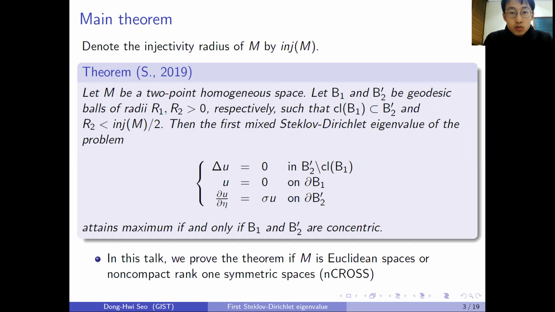We consider domains bounded by two balls of given radii and with some condition on the radius of the outer ball here, and consider a Steklov-Dirichlet eigenfunction which is harmonic in the interior, with Dirichlet boundary condition on the inner boundary and the Steklov boundary condition on the outer boundary.